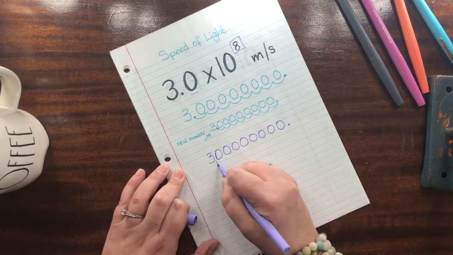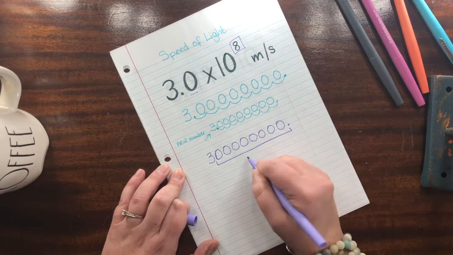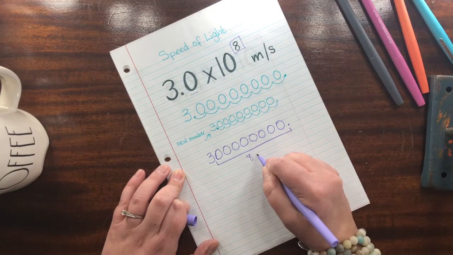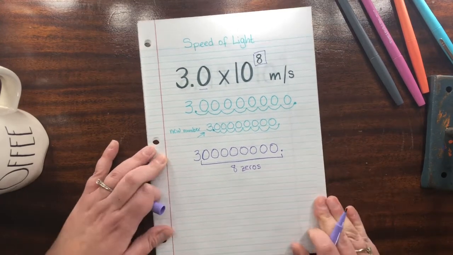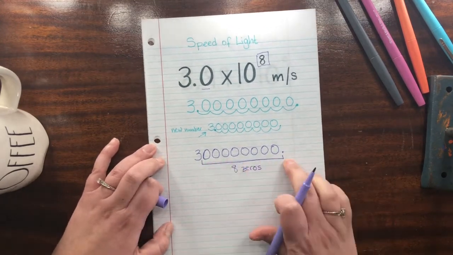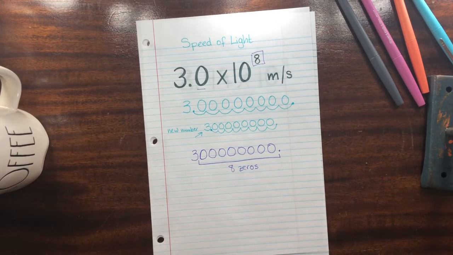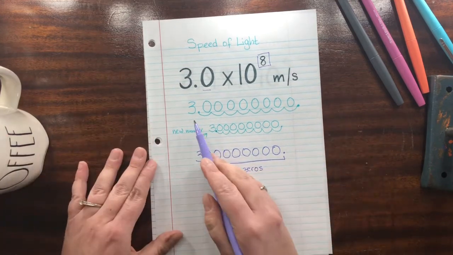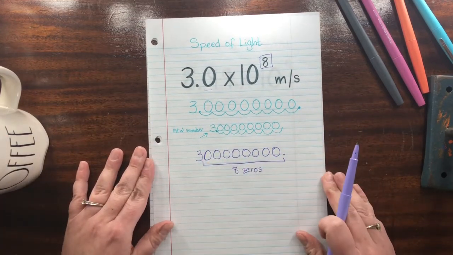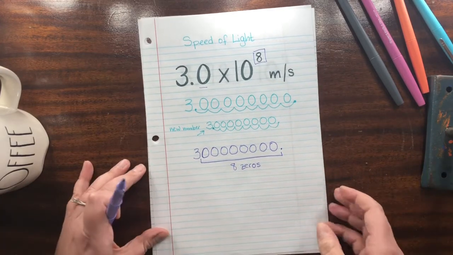From where my decimal used to be all the way down to where my new decimal is, that's going to be 8 zeros. Now, that doesn't always work out that way with the zeros; I'm going to show you how that'll look on some different numbers in just a second. So those are 2 ways you can do it: count your jumps, or count your zeros.